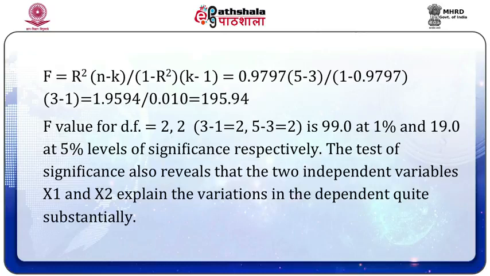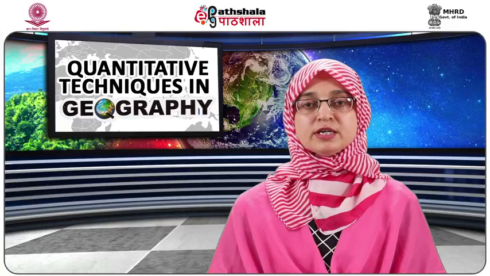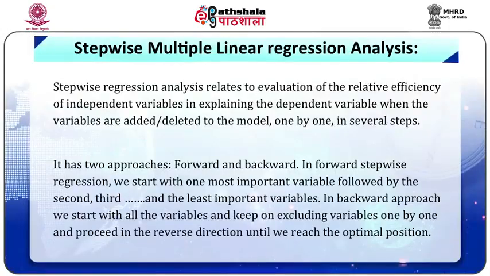The F value for df equal to 2, that is 3 minus 1, and 2, that is 5 minus 3, is 99.0 at 1% and 19.0 at 5% levels of significance respectively. The test of significance also reveals that the two independent variables x1 and x2 explain the variations in the dependent variable quite substantially. Now, stepwise multiple linear regression analysis.